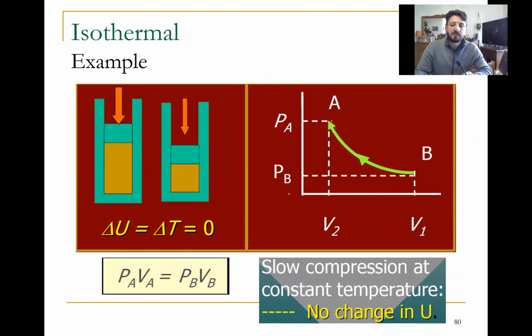What is the path between initial and final? Here between A and B, initially we have B, because the volume of B is greater than the volume of A. I go to the state A, I push the piston to decrease the volume.